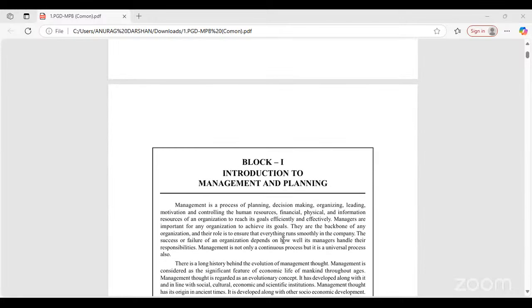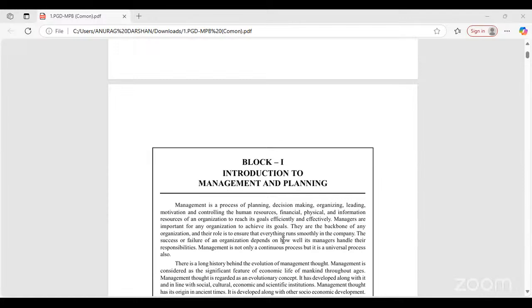So what is management? Generally, the basic definition students give is management is what a manager does. So what does a manager do? A manager is going to plan, he's going to take decisions, he's going to organize, he's going to motivate his employees, control the human resources, and provide financial assistance and physical resources, and he is an intermediary between the management and the employees.